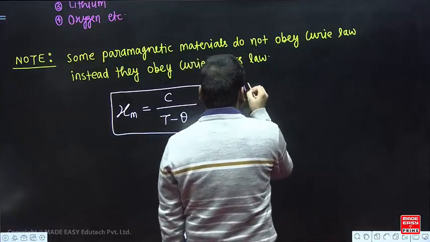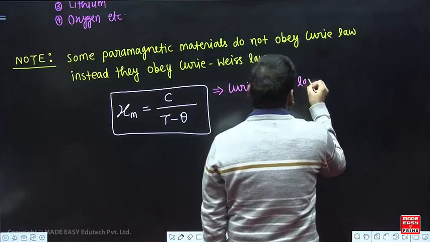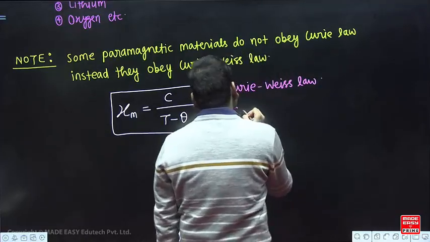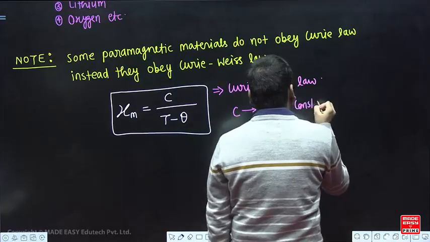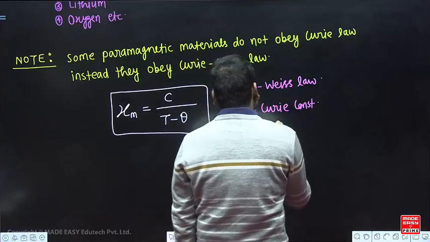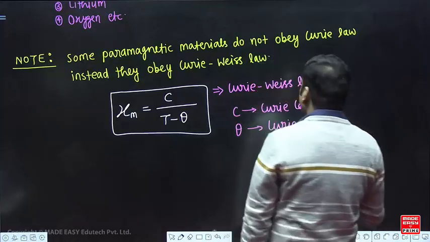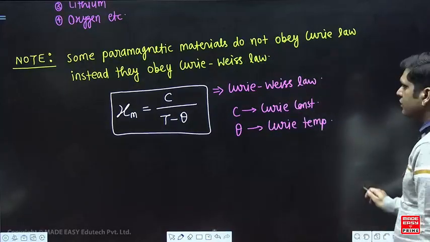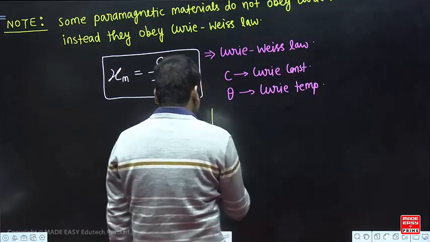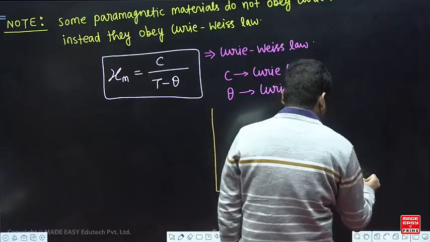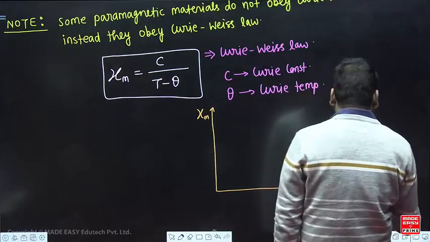Here C is known as the Curie constant and theta is known as the Curie temperature. T is of course the temperature. If you plot this, susceptibility would look like this: chi m versus temperature.